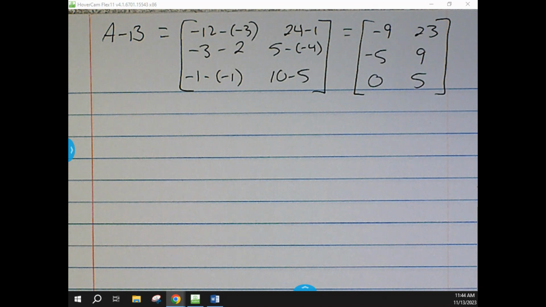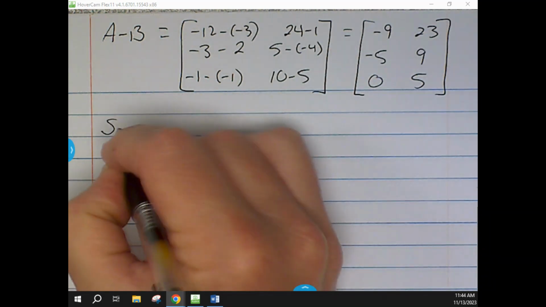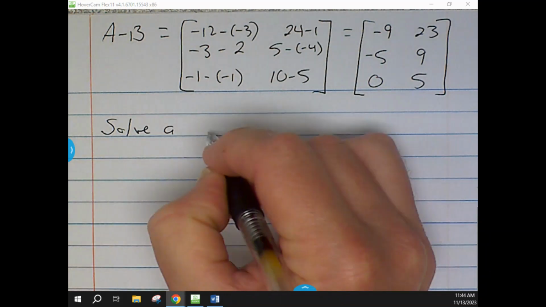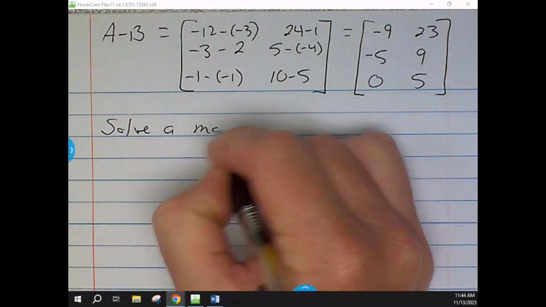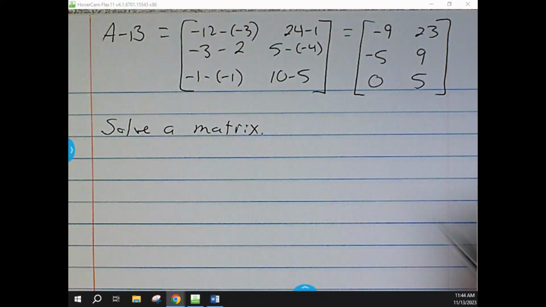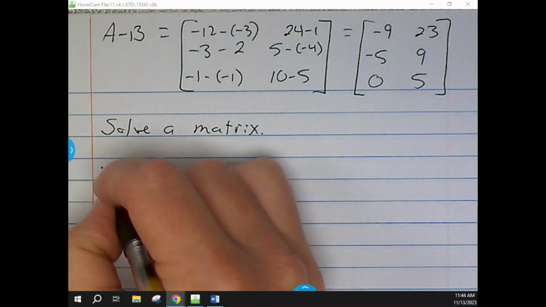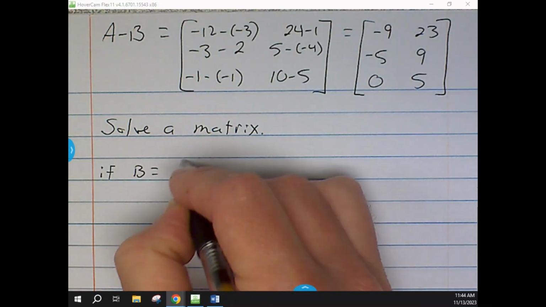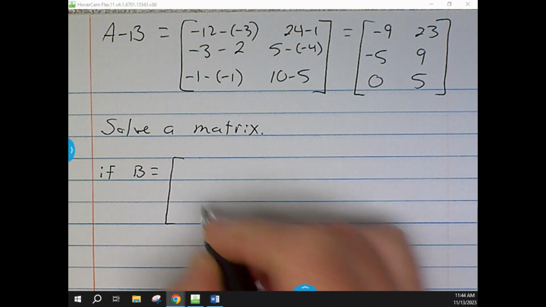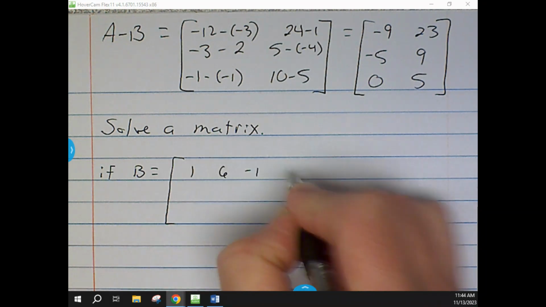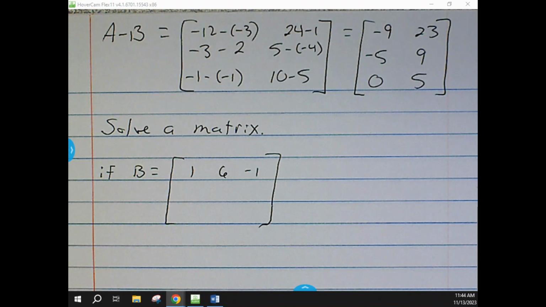Now, where they're going to ask you to go a little different route, but still doing the same thing, is they're going to ask you to solve a matrix. So just using some different ones for this one.